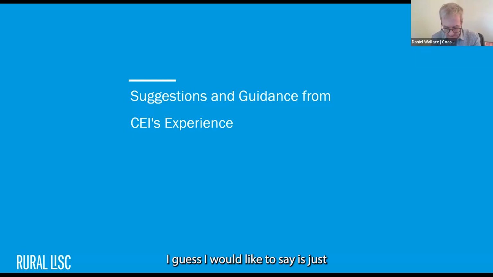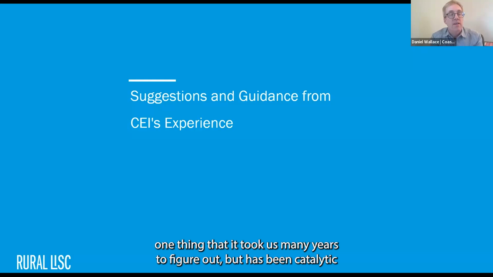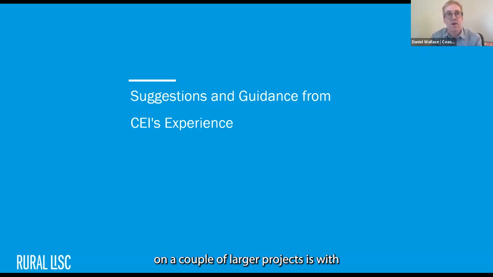The last thing I would like to say is one thing that it took us many years to figure out, but has been catalytic on a couple of larger projects: with some careful deal structuring, you can use CFRP capital alongside or with new market tax credit structures.